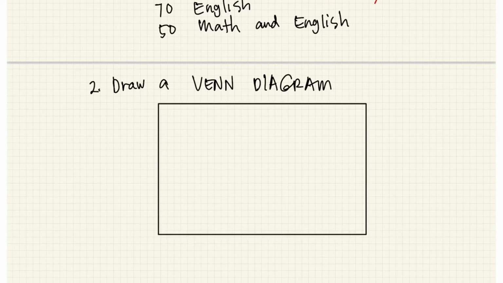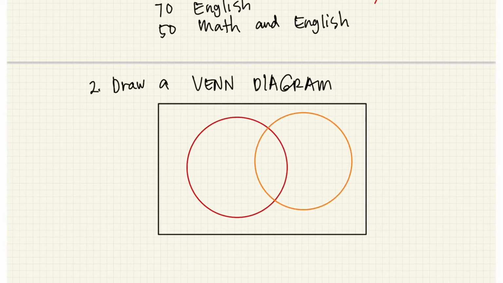Since we have two sets, we are going to draw two circles. Two circles. Now, we are going to name these two circles. This is for math.